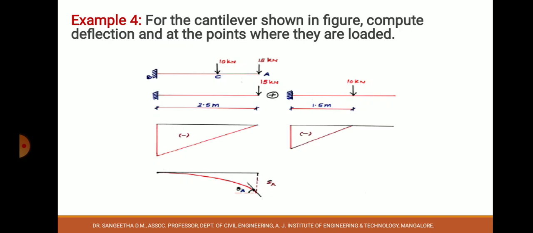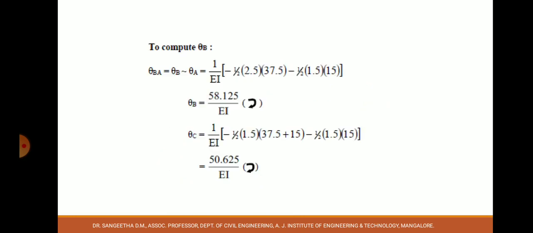Now here you have two loads, so you have drawn two bending moment diagrams to compute theta B minus theta A. Theta is nothing but the area of the M by EI diagram. EI is constant, so you are adding the areas of the two triangles. Since it is below the line, you are taking a negative sign.